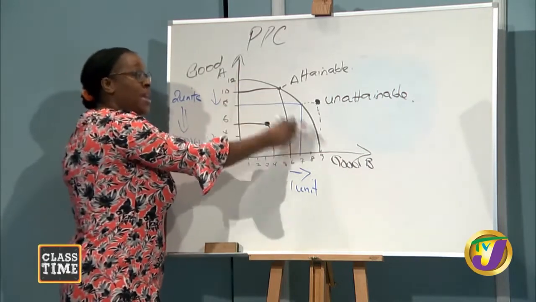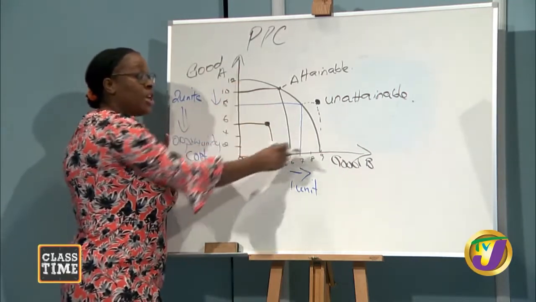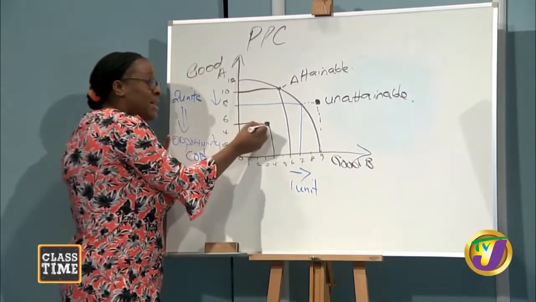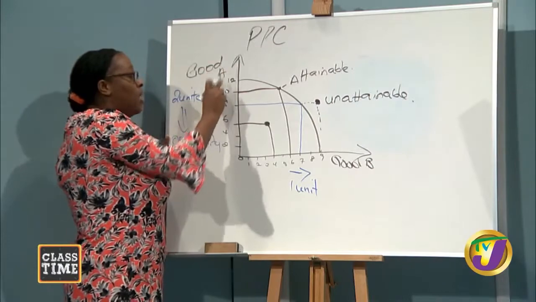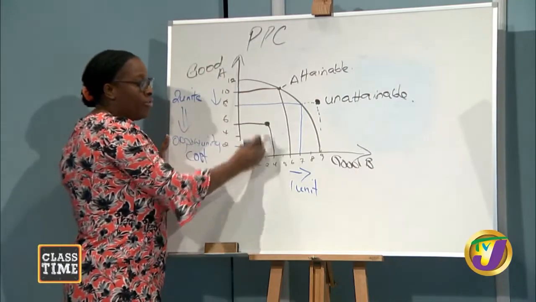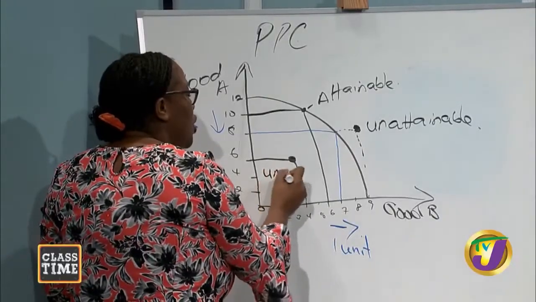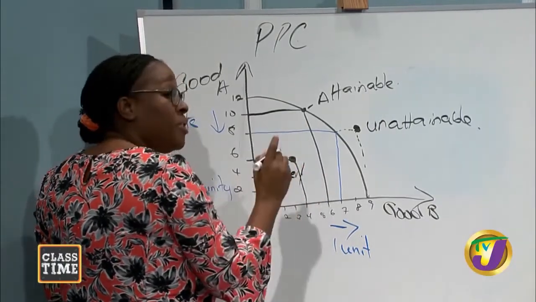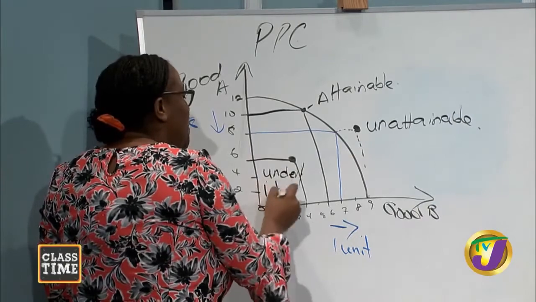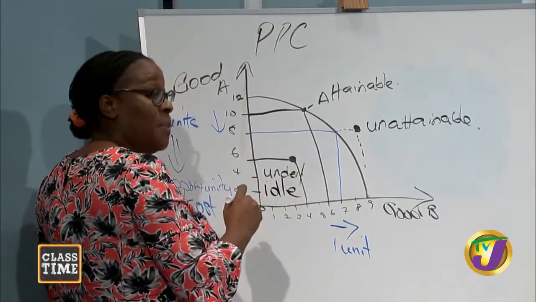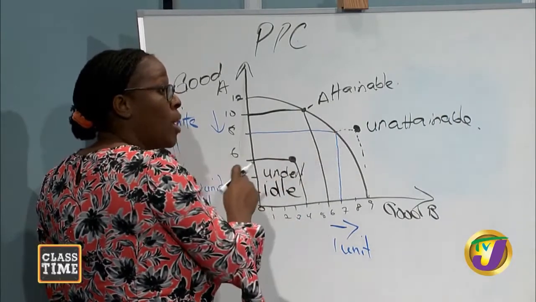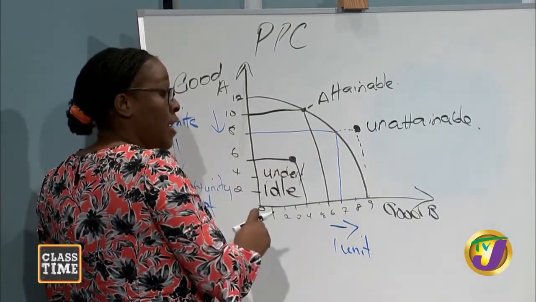Because if the boundary here represents full utilization, it means that this society at this point of 6A and 4B is underutilizing its resources. It is also referred to as having some idle resources because the economy has the capacity to produce much more than it is producing here.